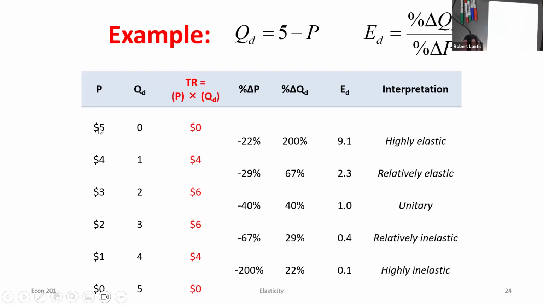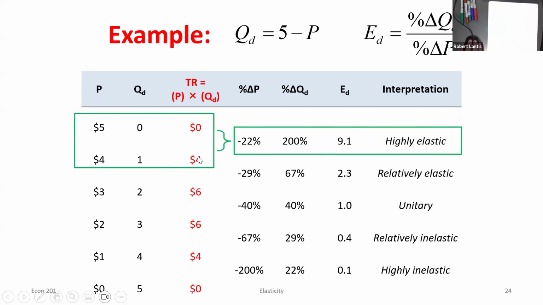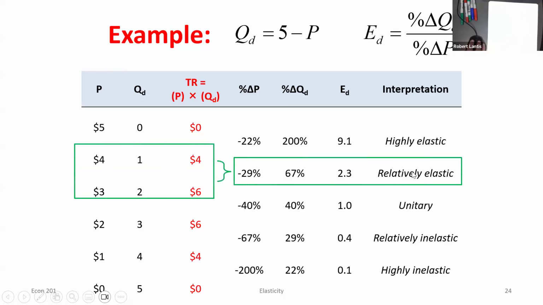So notice when I first start to decrease the price, when demand is elastic, something above 1, what's happening to my total revenue? I move from 5 to 4, and my total revenues are going up. If I then lower the price from 4 to 3, demand is still elastic, and total revenues are going up. Now notice, when demand is more elastic, how much did total revenues go up by when I lowered the price by $1?